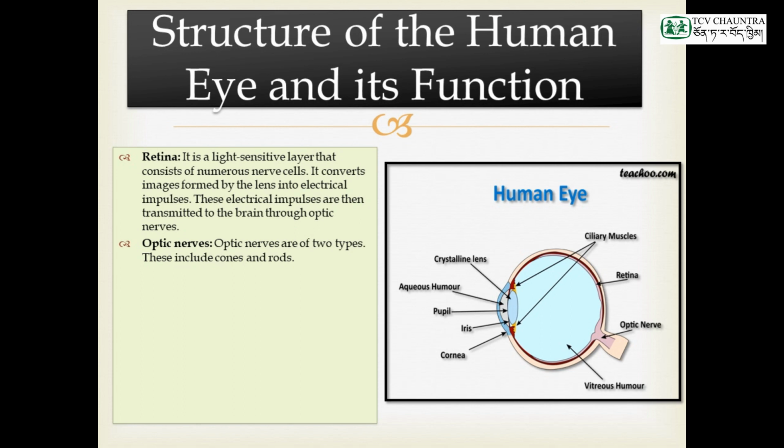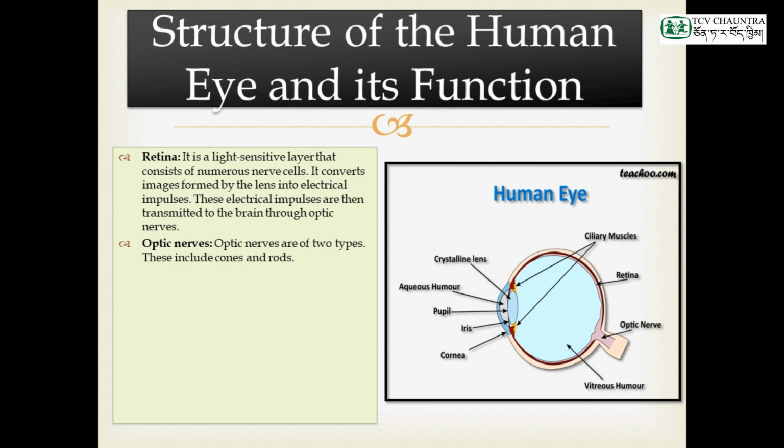So the optic nerve carries this image to the brain. The optic nerve usually refers to the eye and nerve, the image being in the form of electrical signals from the retina.